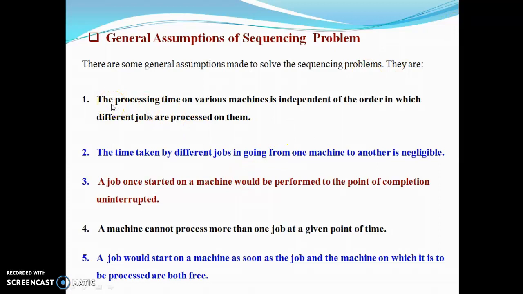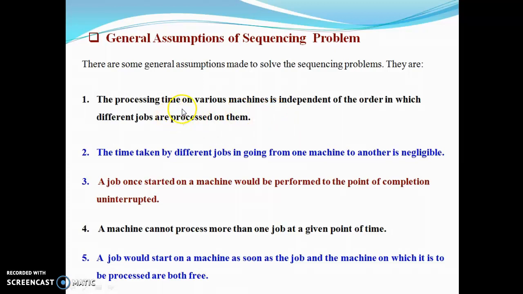The first assumption of the sequencing or scheduling problem: the processing time on machines is independent of the order in which different jobs are processed on them.